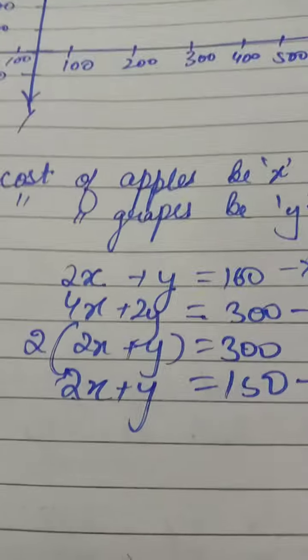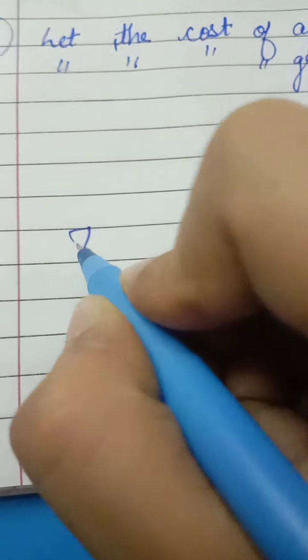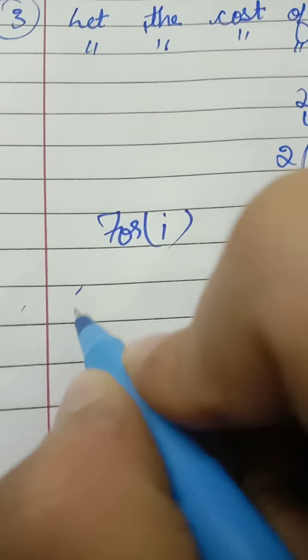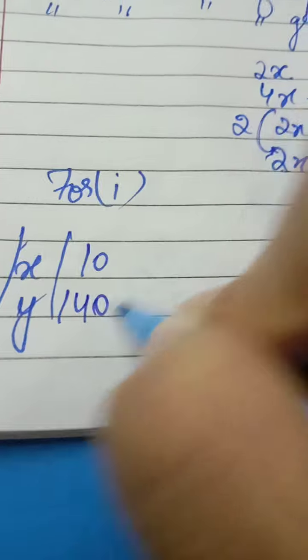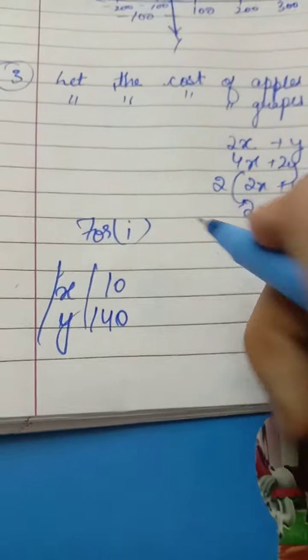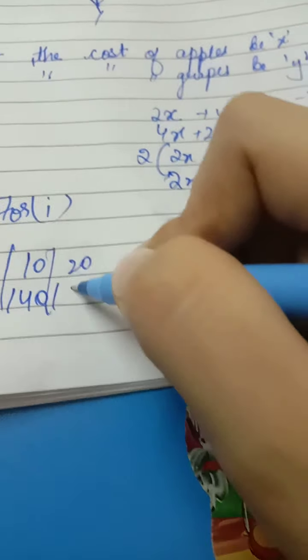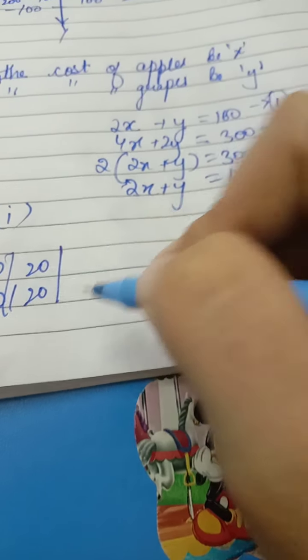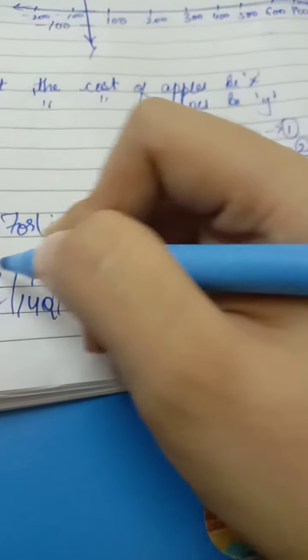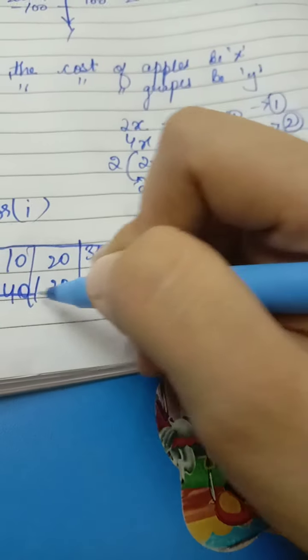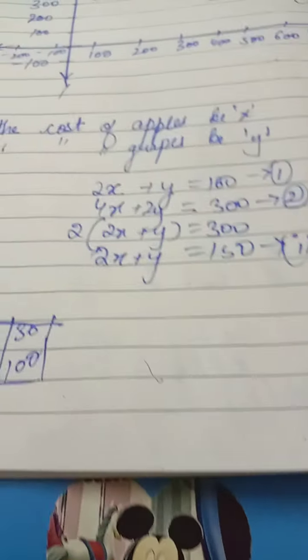The solutions for the first one, x and y, we get 10 and 140, okay, 20 and 120, and maybe we can take 30 and 100. I think it will work. Let us check into it.